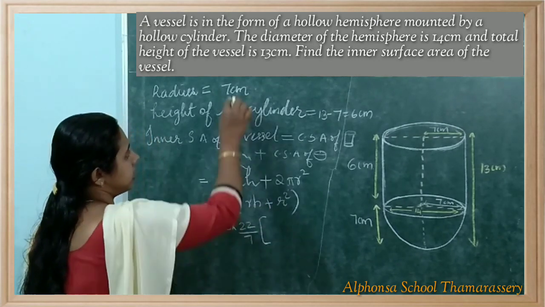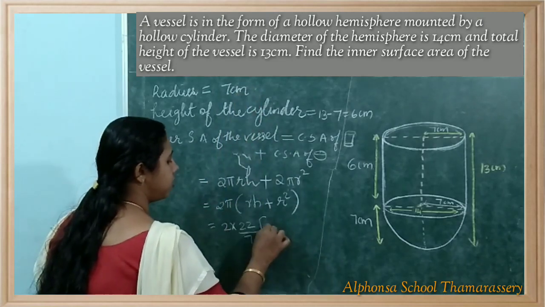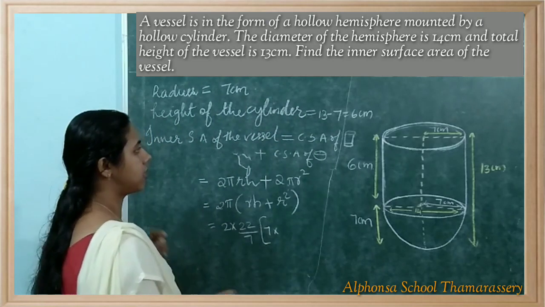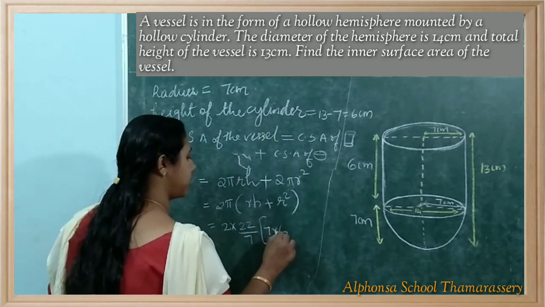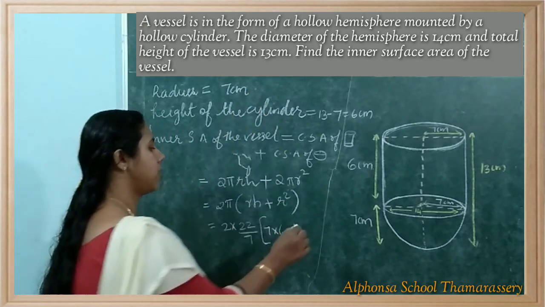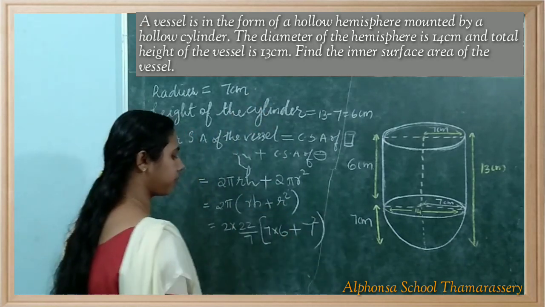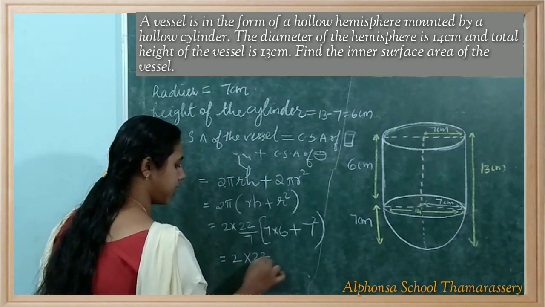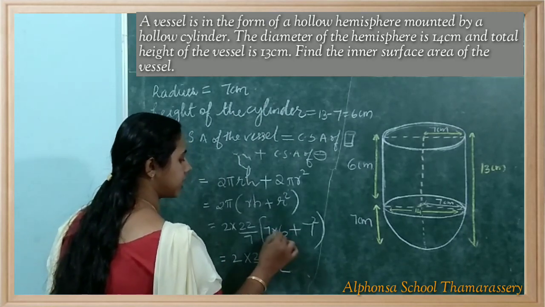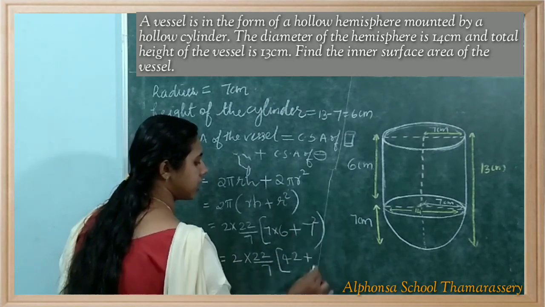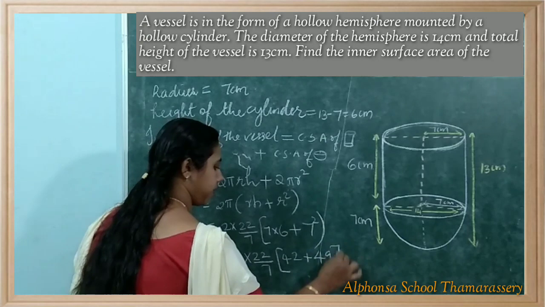into radius into height. Radius is 7, 7 into the height of the cylinder, that is equal to 6 centimeters. 7 into 6 plus r square, that is 7 square, which is equal to 2 into 22 by 7 into, 7 6s are 42, 42 plus 7 square is 49.